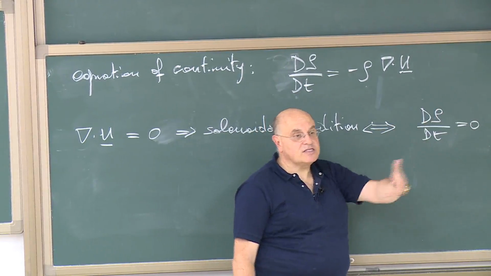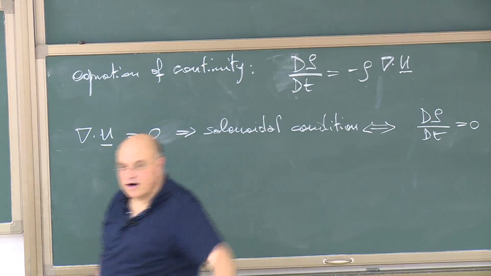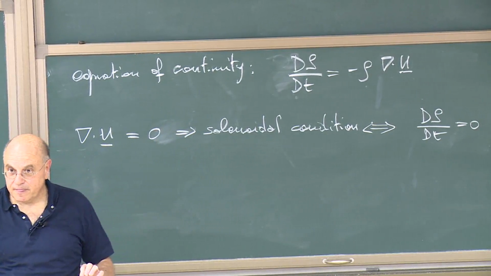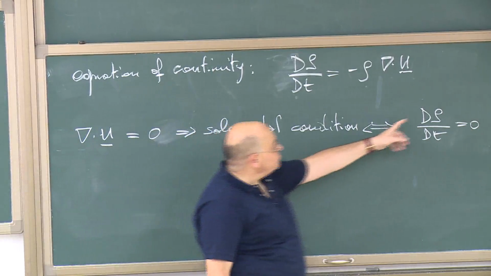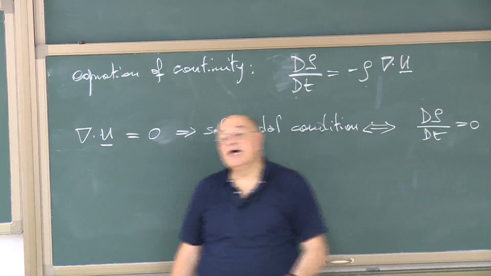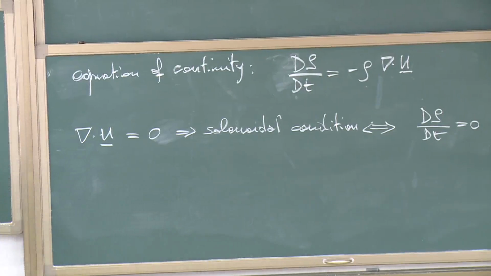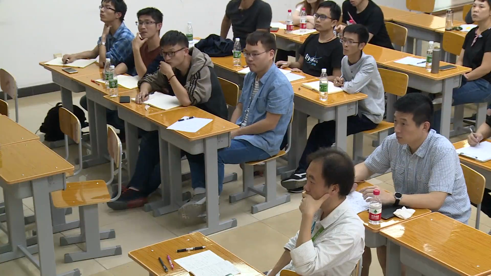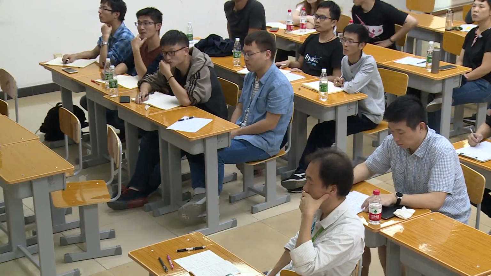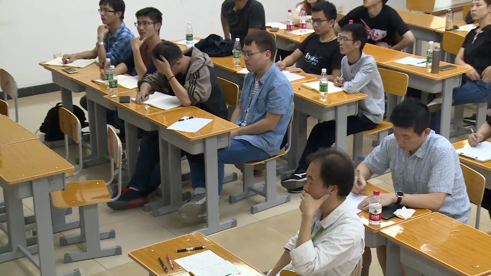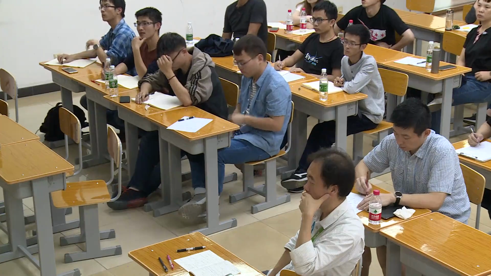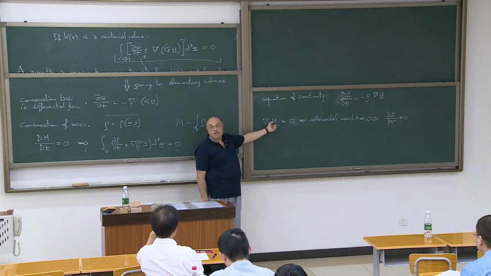If rho is constant, that means that the fluid is uniform. But to say that d rho dt is 0 means that if rho changes in time, this change is compensated by an opposite change in space. Okay? If we are in this case, it's equivalent to say that we deal with divergence-less conditions for the velocity field.